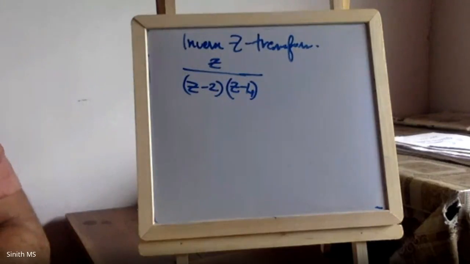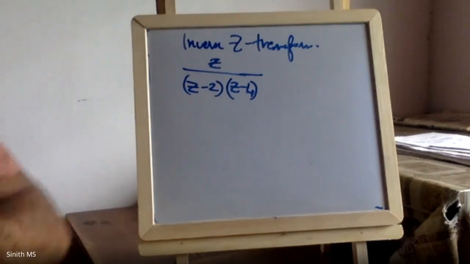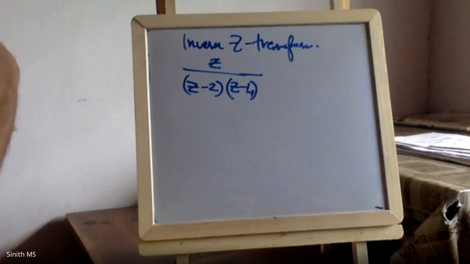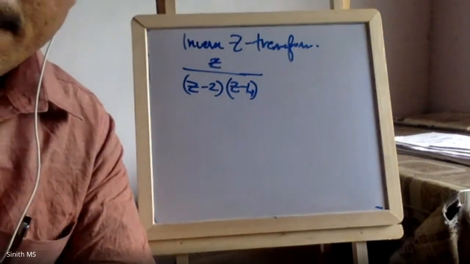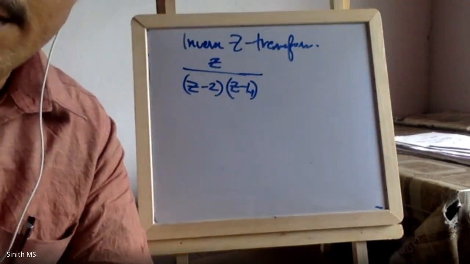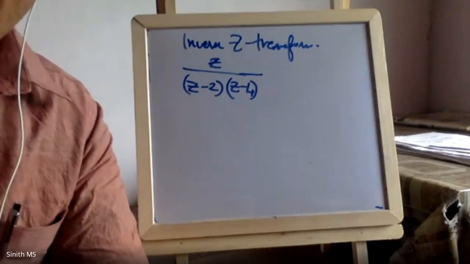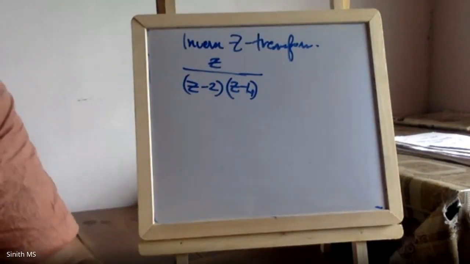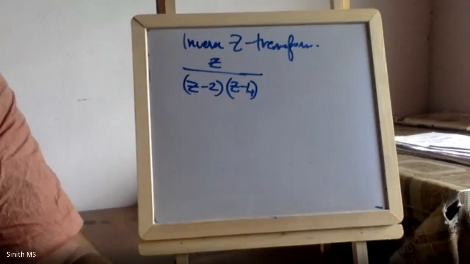You can write this as a by z minus 2 plus b by z minus 4 and try to answer this. I'll give you 5 minutes. What is the time now? It's 3. You can utilize 5 minutes for this. Okay.